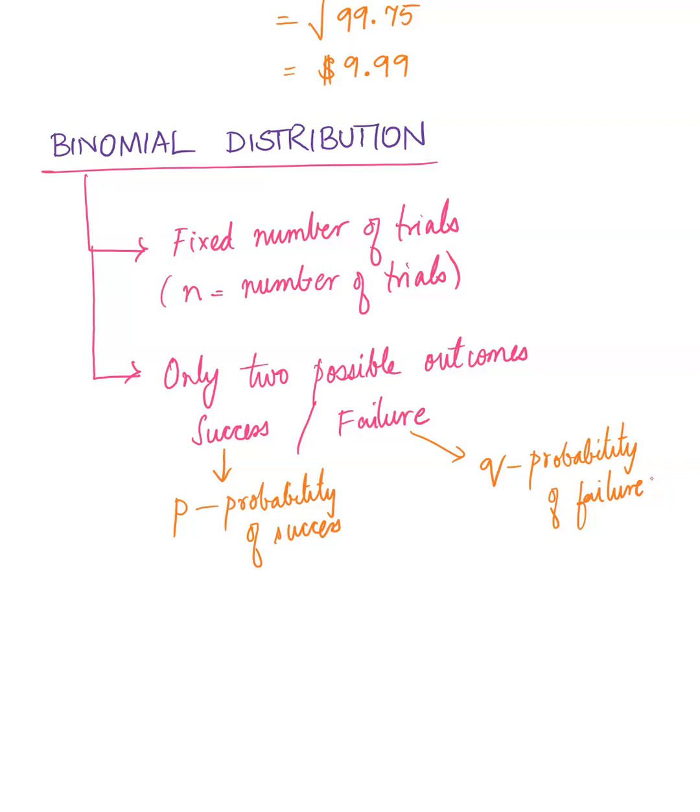Because we've exhausted everything. There can only be 2 outcomes. One is a success, one is the failure. If you took their probabilities and added them, you will get 1. So P plus Q will be 1, which implies Q is 1 minus P or P is 1 minus Q, isn't it? This is like your complement rule, if you recall, because together they add up all the possibilities. And so all the possibilities, the entire probability will be 1, right?